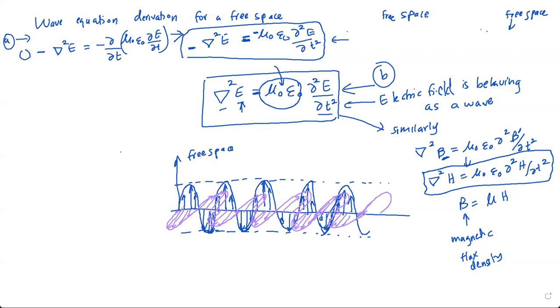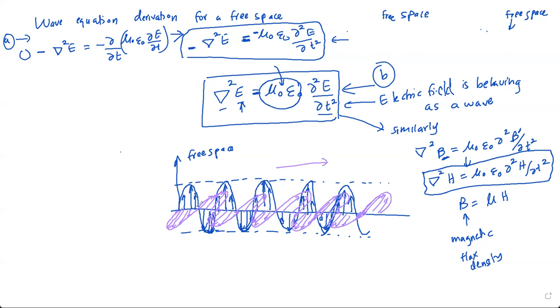The magnetic field will be generated in the perpendicular direction to the electric field. So the combination of these two effects will generate this wave which will be propagating in this direction, right?